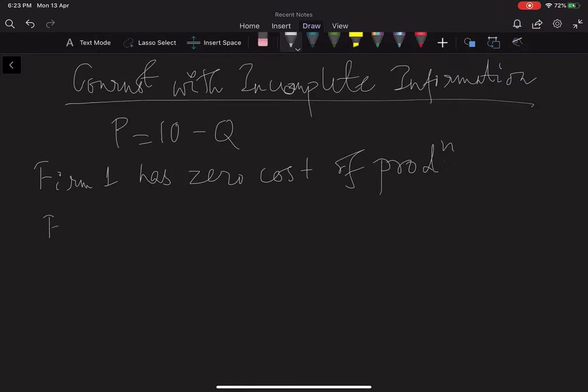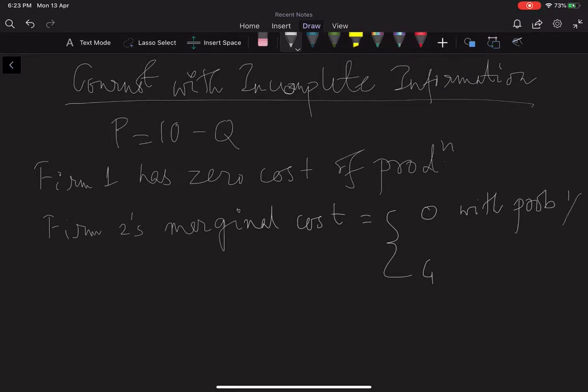So we'll say that firm 2's marginal cost is either 0 or 4, and it is 0 with probability half, and 4 with probability half. Okay.